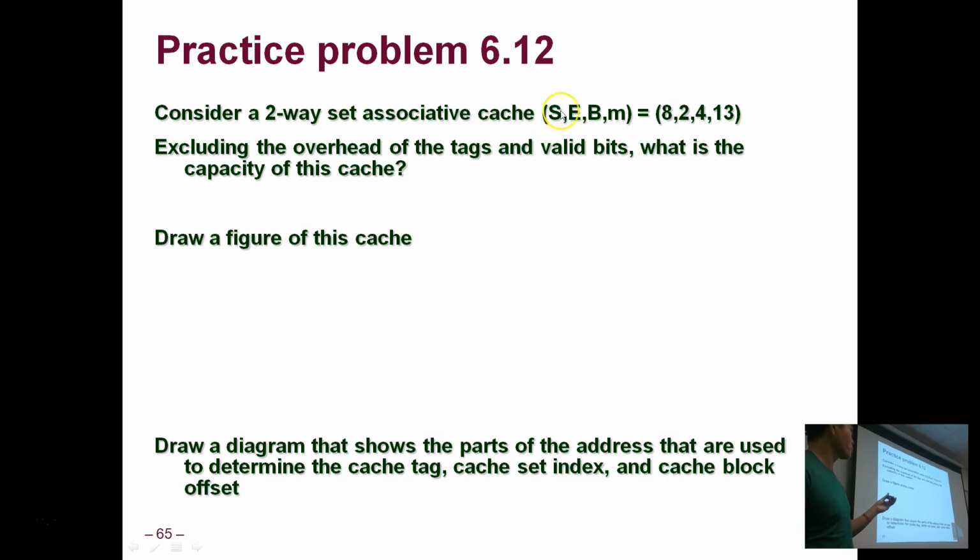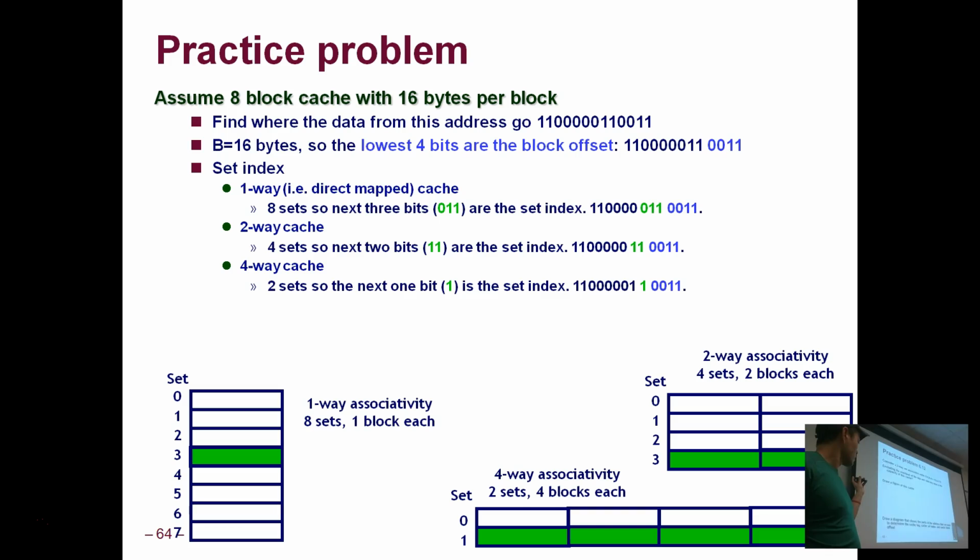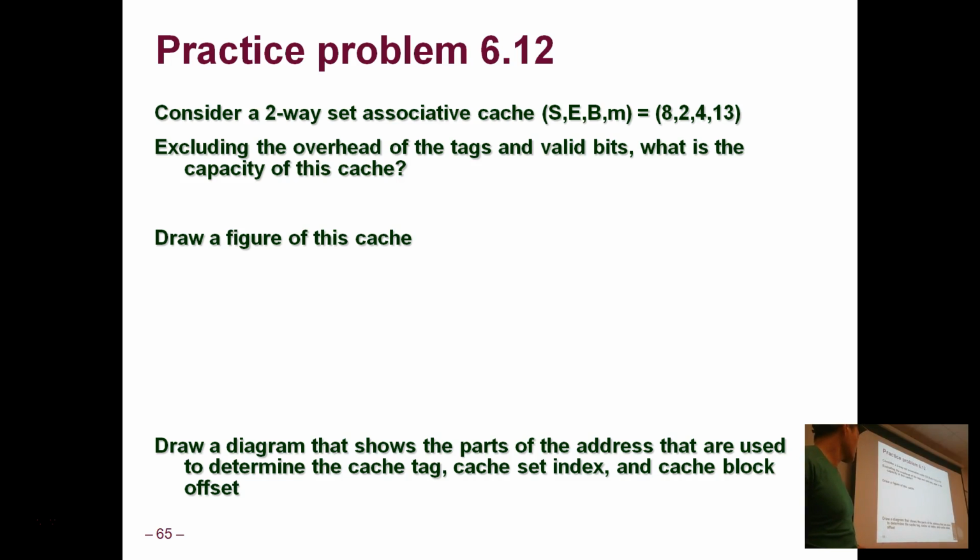It's pretty straightforward. Draw a figure of this cache, similar to what we had earlier, and then draw a diagram of which parts of the address are used for the block offset, the set index, and the cache tag.